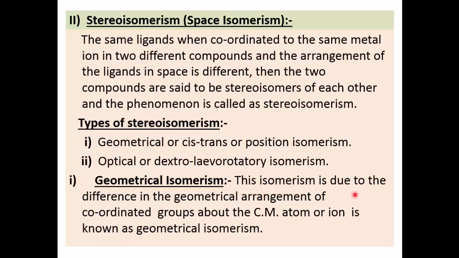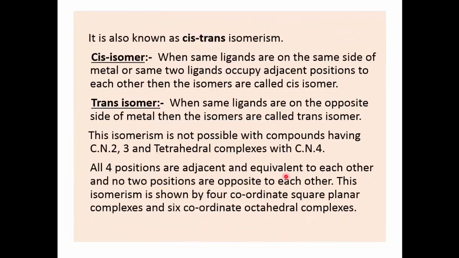So this isomerism is due to the difference in the geometrical arrangement of coordinated groups about the central metal atom or ion. This is also known as CIS-TRANS isomerism. We have already discussed. So geometrical isomerism is also called as CIS-TRANS isomerism.